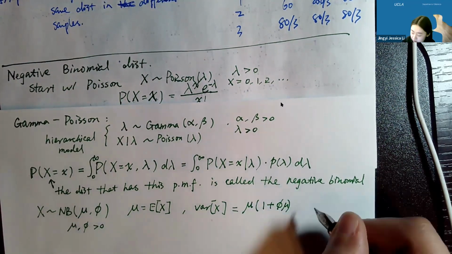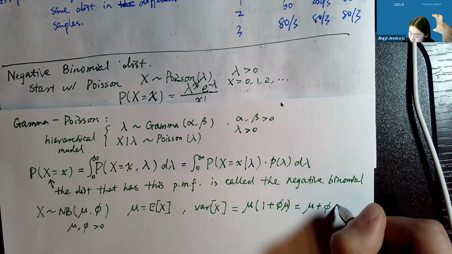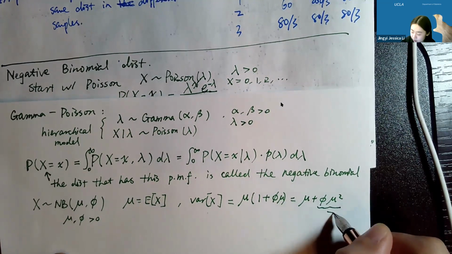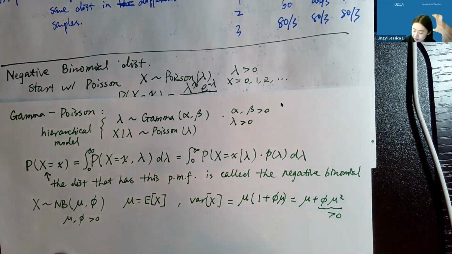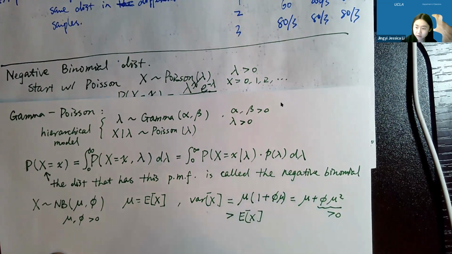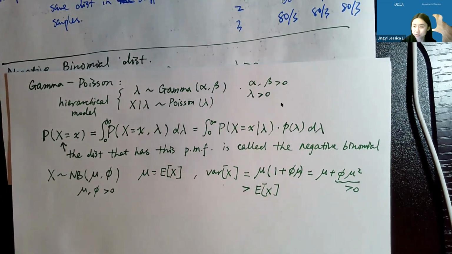So in other words, if you expand it out, it's basically mu plus phi times mu squared, okay? And because we know this term is positive, this guarantees that the variance is bigger than the mean. So therefore, the definition of the negative binomial guarantees that you would have overdispersion. So that's why it can be more flexible than the Poisson.